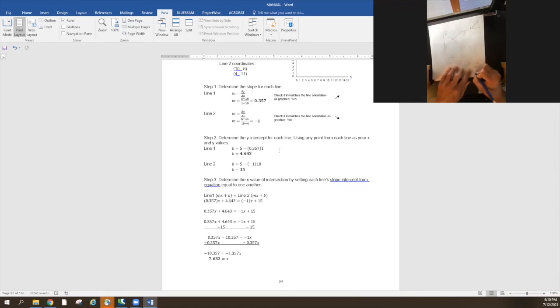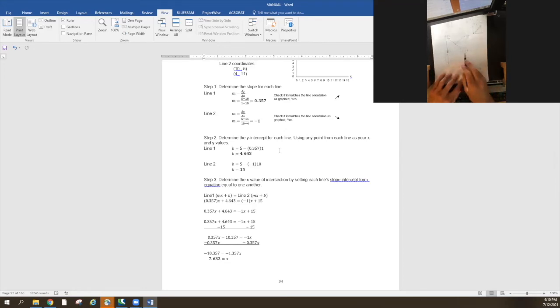So B will equal Y, which is 5, minus the slope of this line, which is 0.357, times my X value, which was 1. If I do the math, B, my y-intercept, is going to equal 4.643. So when X is 0, Y will be 4.643. That's my y-intercept.